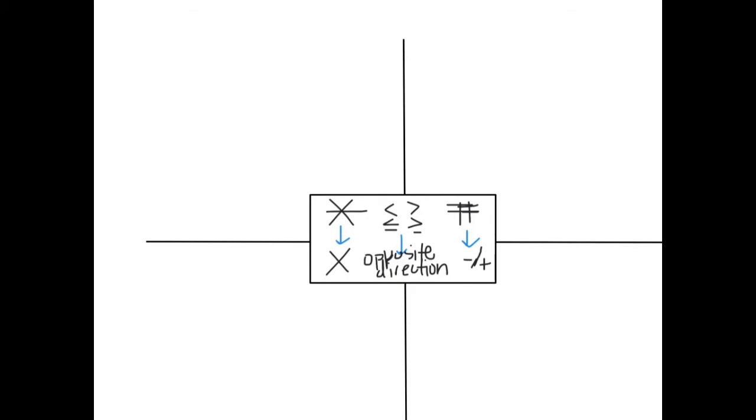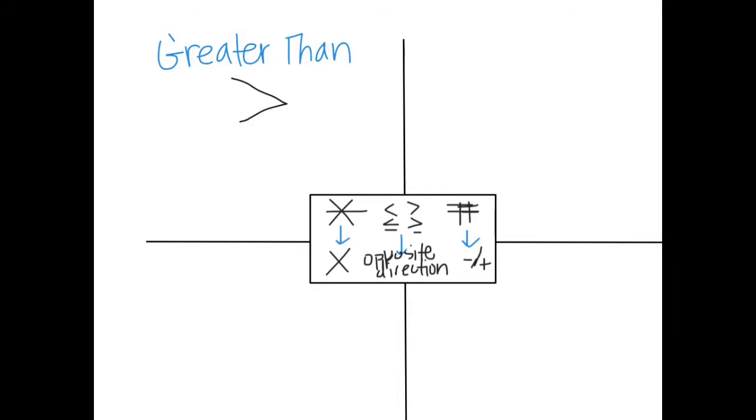So I'm going to focus in on the first quadrant here, and we are going to label this the greater than quadrant. The way that we record greater than looks like this.